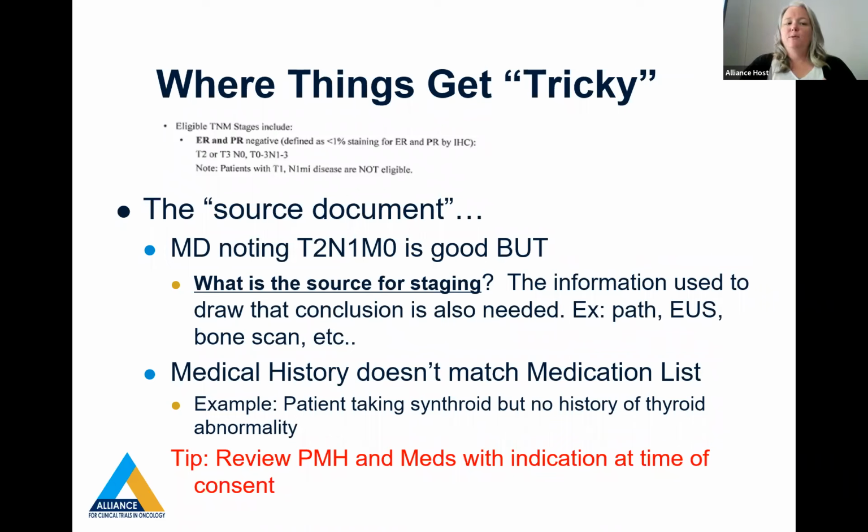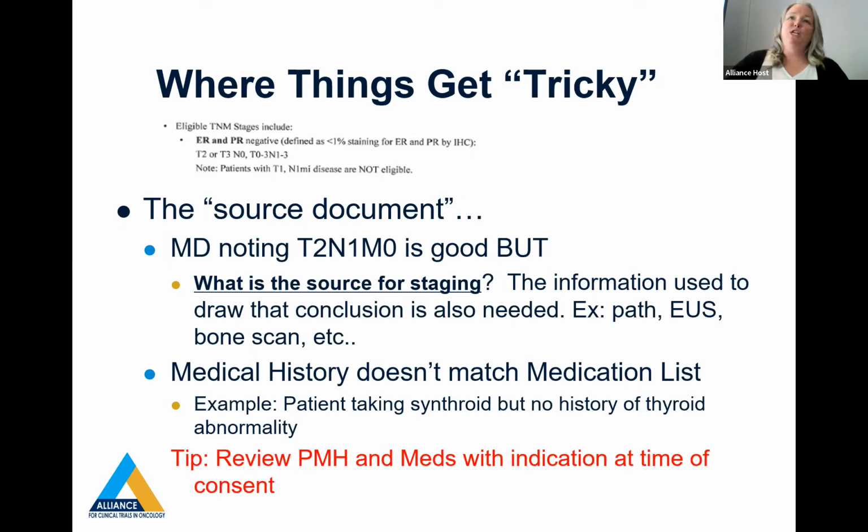Another tricky point is when the medical history doesn't match the medication list. I don't know about everybody else, but med reconciliation is a challenge. My sites are in the community setting and rural community setting, so patients are sometimes not great historians, or they don't remember, or they didn't bring their meds with them.